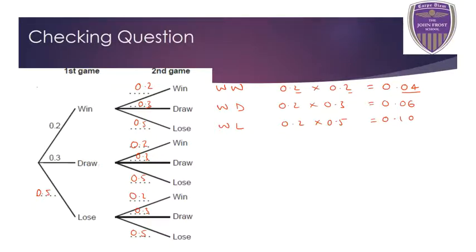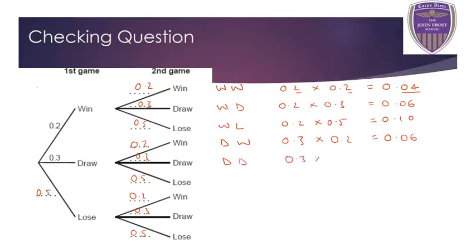The next set now is her drawing the first game. So she can draw the first game and win the second game. So draw the first, win the second. That's 0.3 multiplied by 0.2, which is 0.06 again. The next thing is she can draw both games. So she can draw the first one and draw the second one.